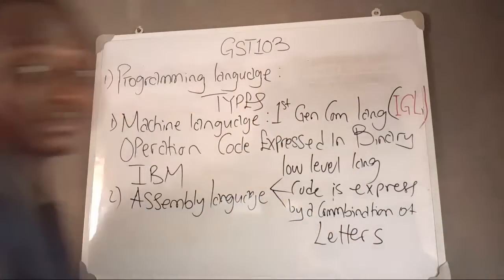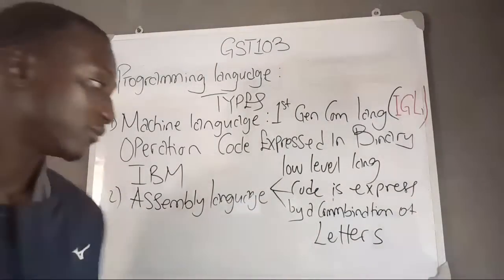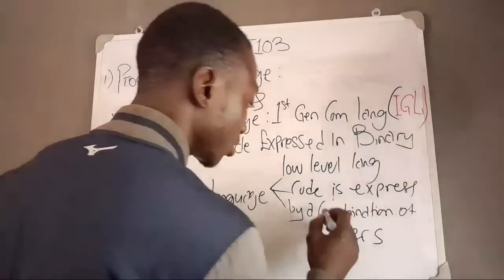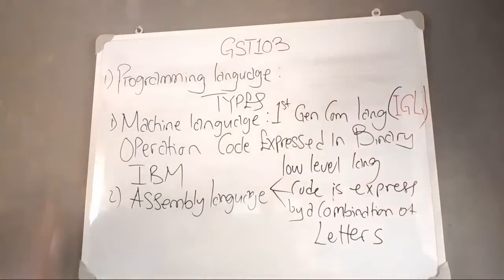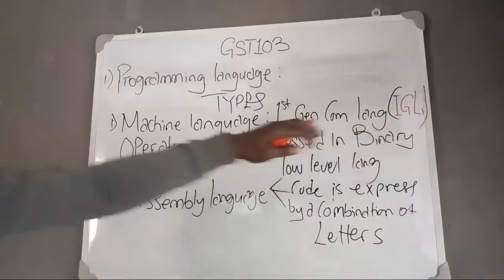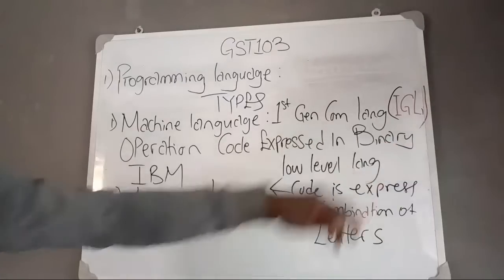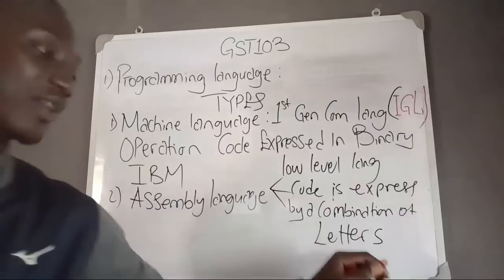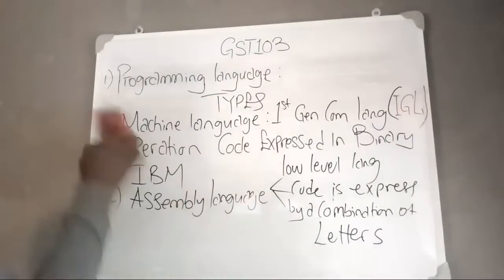Code is expressed by a combination of letters rather than binaries. Let me write this clearly: a combination of letters. So the first generation machine language has its code expressed in binary, while assembly language, which is a low level language, has its code expressed in letters. So we have 3 and 4.